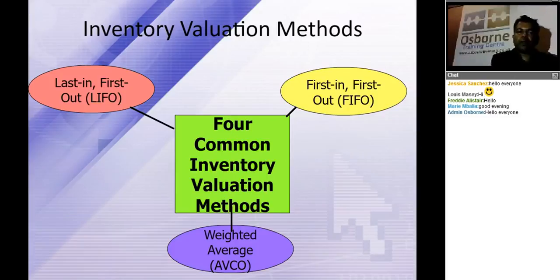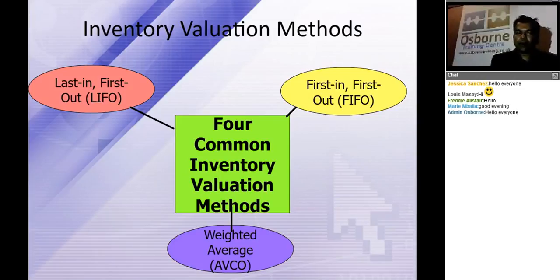The first one we're looking at is the three most common methods of valuing inventory. The first one is last in, first out, which is also quite popularly known as the LIFO method.